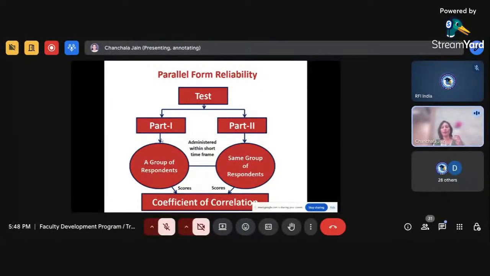You will collect their scores, find the coefficient of correlation, and compare the value you have obtained with the standard or threshold value. Then you can declare whether the scale is reliable or not as per this method. So this was the second method of testing the reliability of your scale. I hope I'm clear on this.